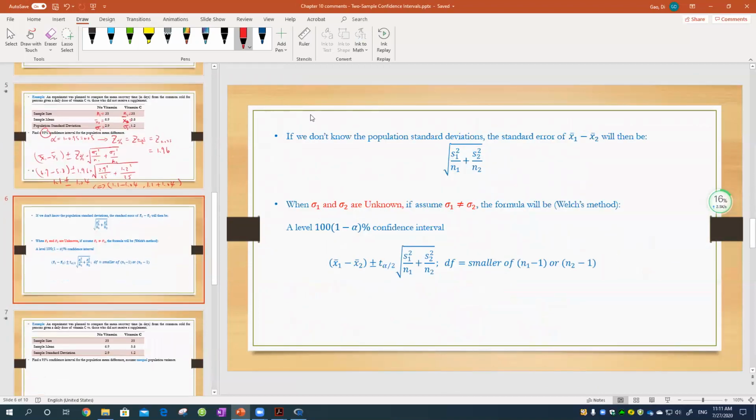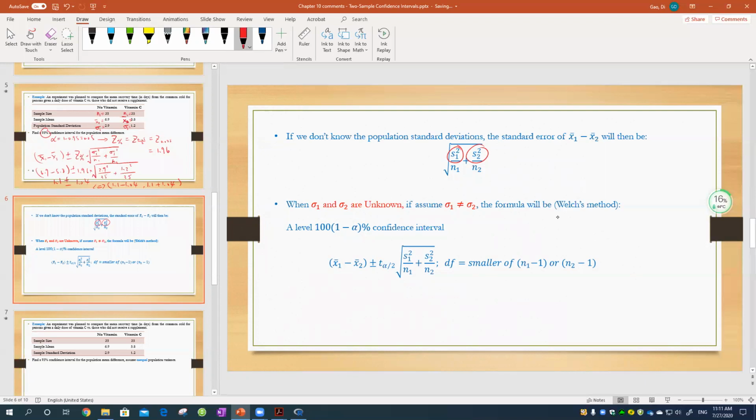If we don't know the population standard deviation, which is the most common situation, then the standard error of x1 bar minus x2 bar will be the square root of, because we don't know those, we have to replace the population information using the sample information. And then that's the only correction.